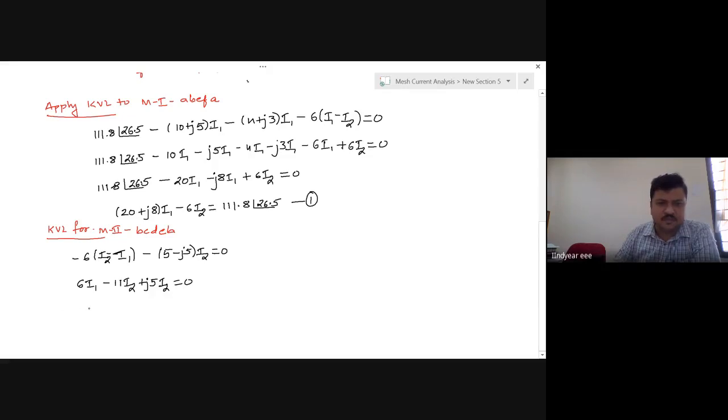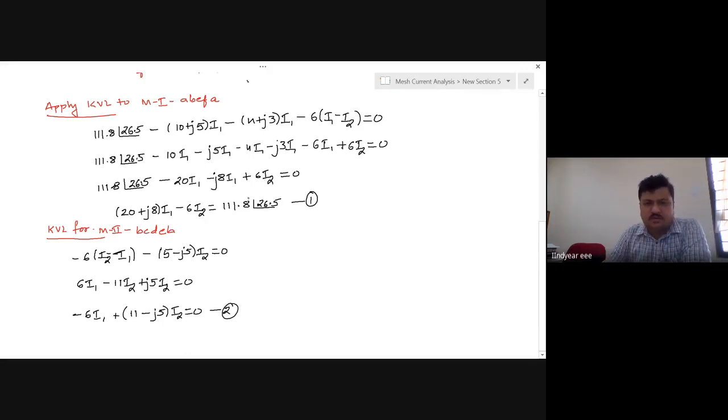Or if you want to put it in the standard form, like we wrote from the inspection method in the previous class, minus 6I1 plus (11 minus j5) I2 is equal to 0. This is equation 2.